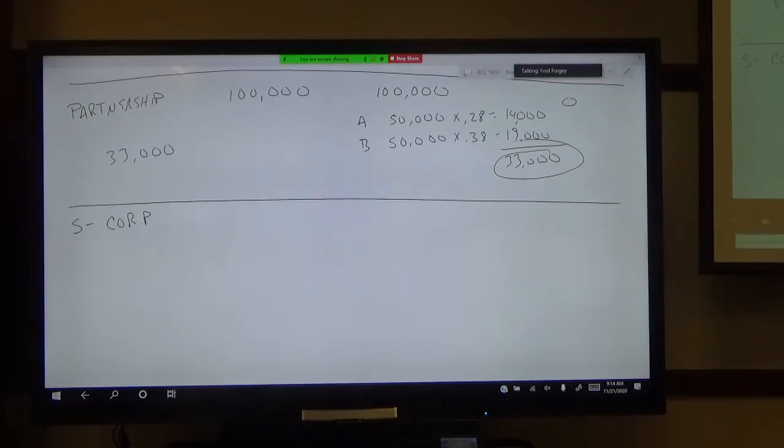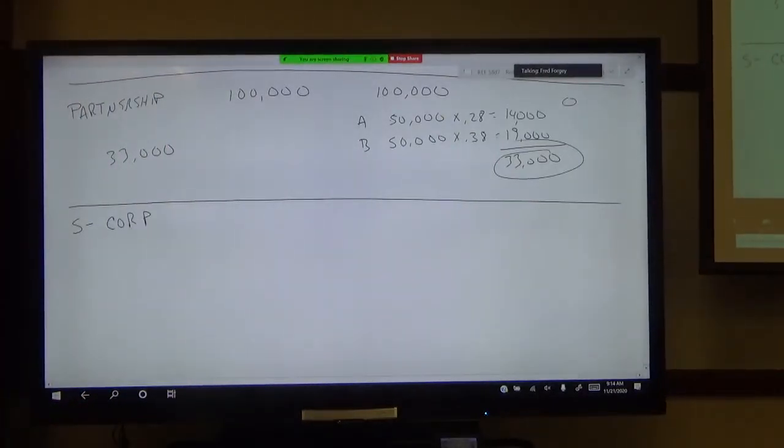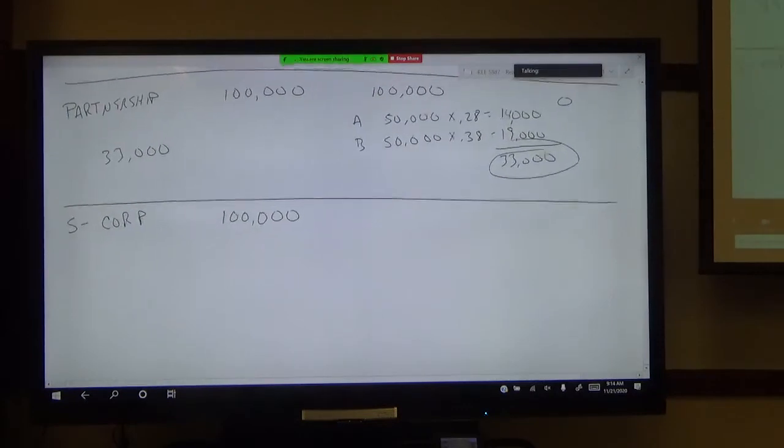And S-corps, much like partnerships, let's say that you've got $100,000, and you're generating $100,000 of taxable income.